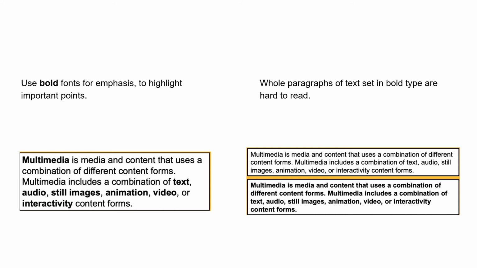We use bold fonts to emphasize, to highlight important points like this one. Whole paragraphs of text set in bold type are hard to read. So basically, if you would like to point out certain important words, or emphasize keywords, then we use bold.